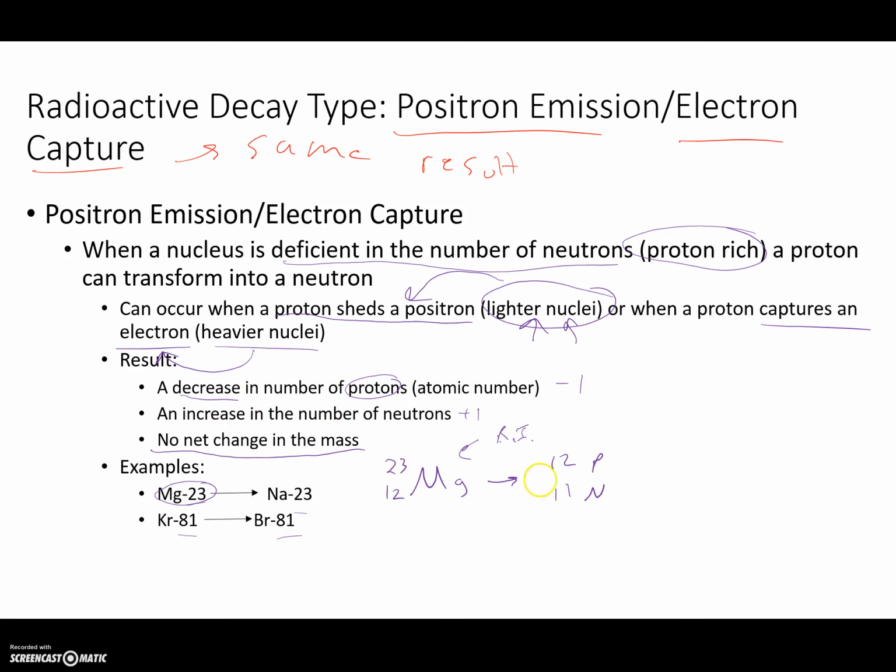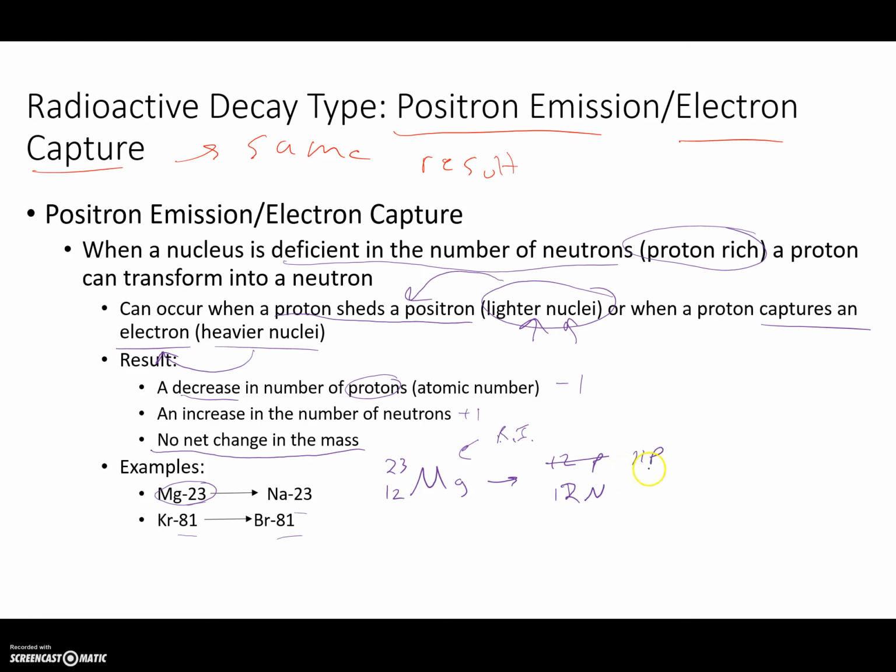Rather than having 12 protons, I'm going to have 11 protons and 12 neutrons. So it's not quite a 1-to-1 ratio, but generally in our ratios we like to have maybe a little bit more neutrons, but we'll get to that later.